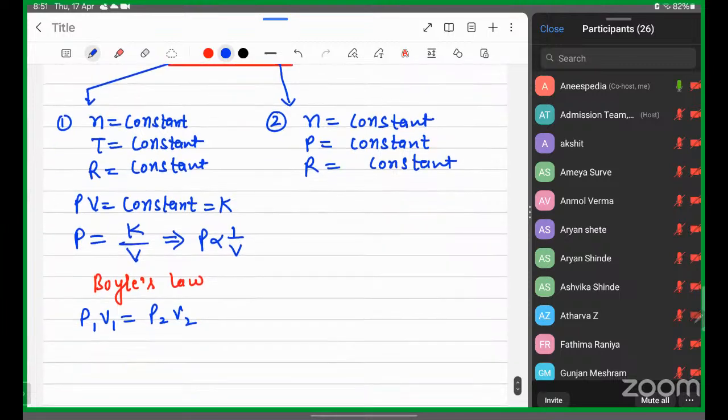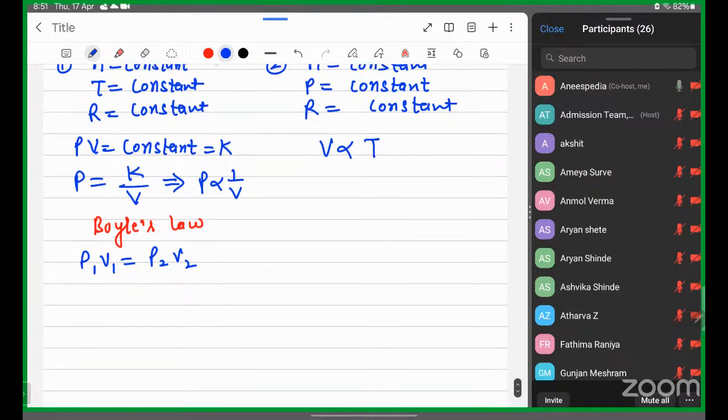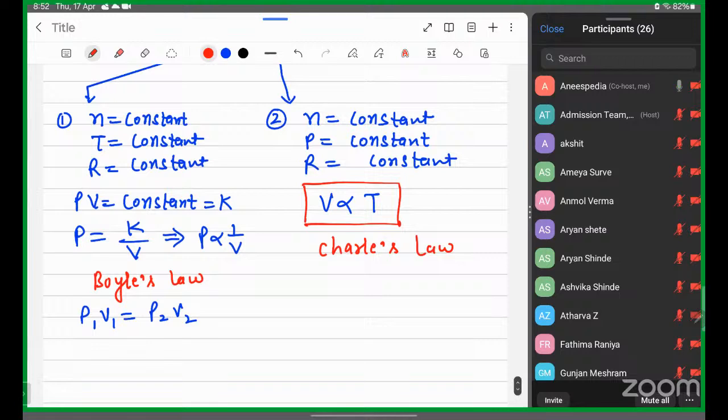Now we are left with V directly proportional to T. This relation is known as Charles' law, which states that for a given amount of gas at constant pressure, the volume of a gas is directly proportional to temperature. If you increase the temperature, volume will increase. If you decrease the temperature, volume will decrease. But remember in this concept, temperature has to be in kelvins.